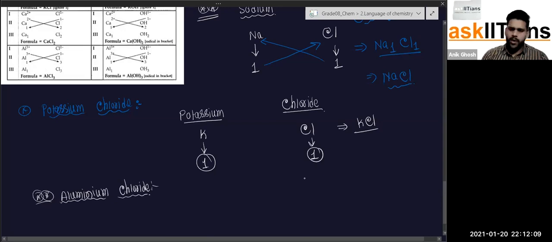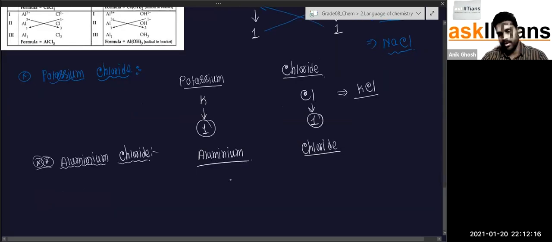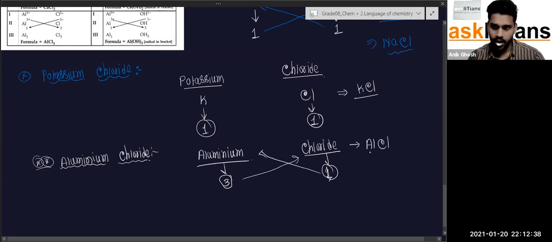Next one is chloride. Correct? So the valency of aluminium is 3, right? And the chloride would be 1 again. So from there we can write the formula by crossing it over, like aluminium with 1 and chloride with 3. So it would be AlCl3. Got my point? It would be AlCl3.